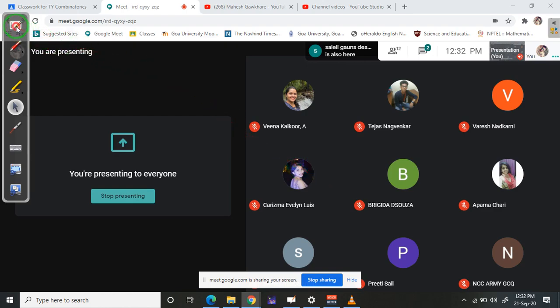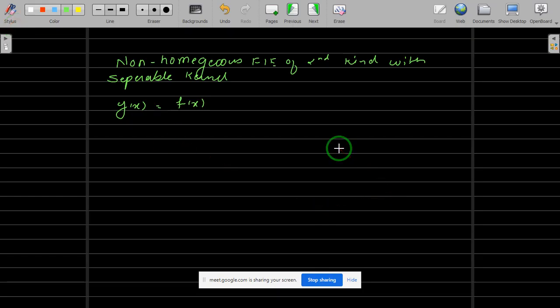So now in this case, what we are taking is a non-homogeneous Fredholm integral equation of the second kind with separable kernel. To write this, y of x is equal to f of x, which is the non-homogeneous part, plus lambda integral from a to b, since we are taking a Fredholm equation those limits are constants, of a kernel K of x, t, which is separable, times y of t dt.